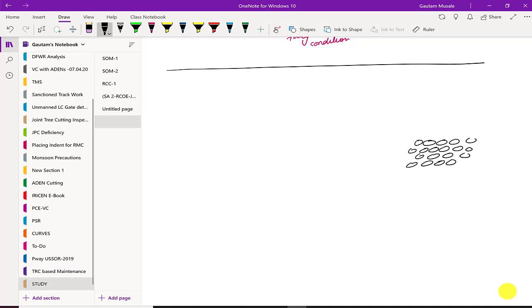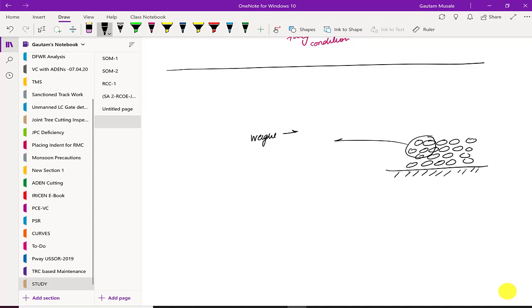This is your ground level, and you have stacked these aggregates on this ground. It can be rainy season, summer or winter; irrespective of the season, what you will have to do is take a sample of these aggregates and weigh them.